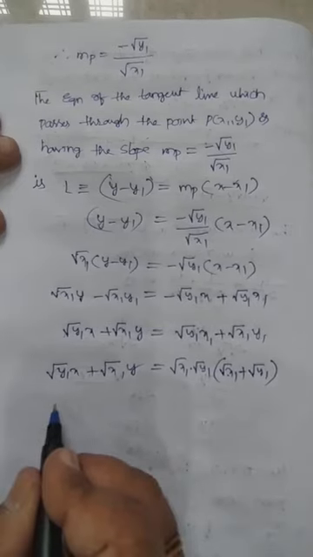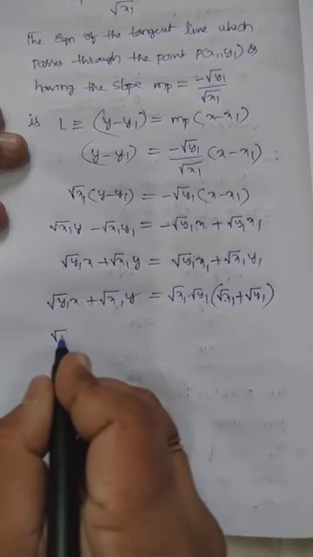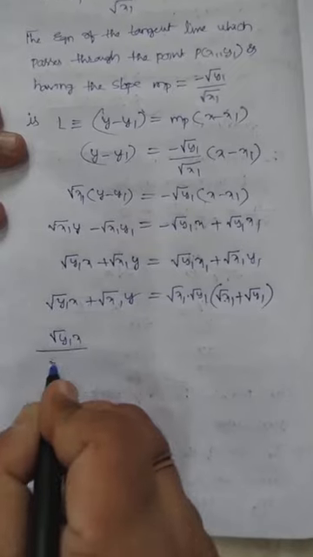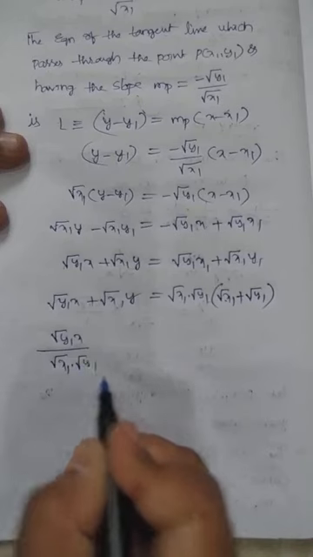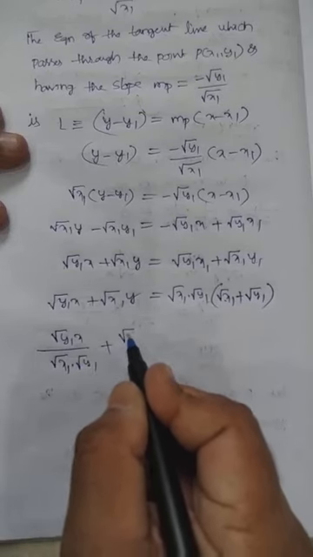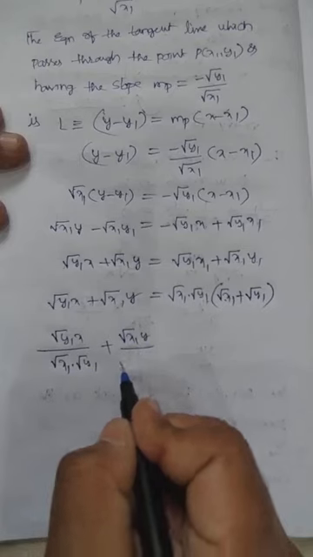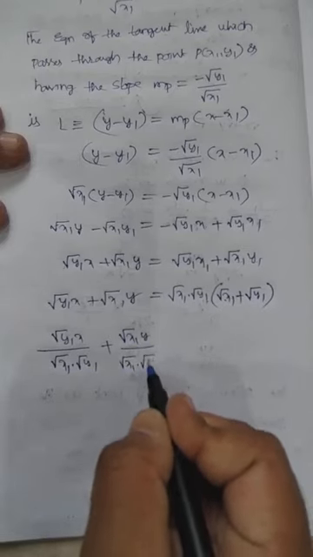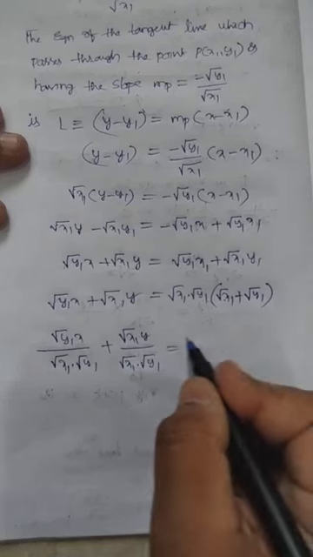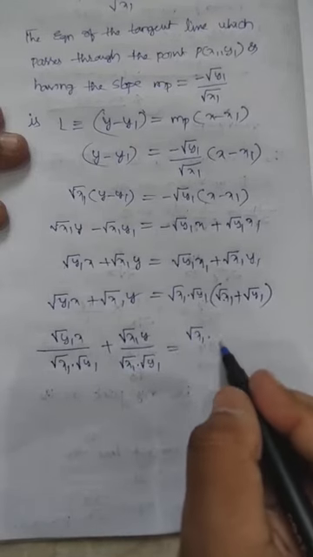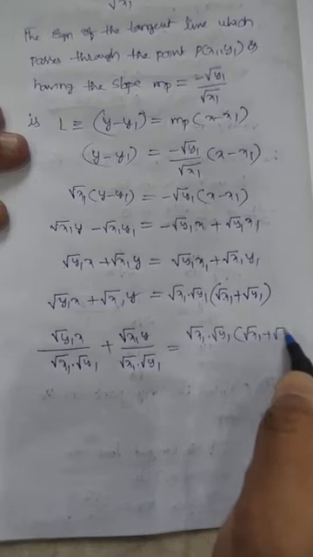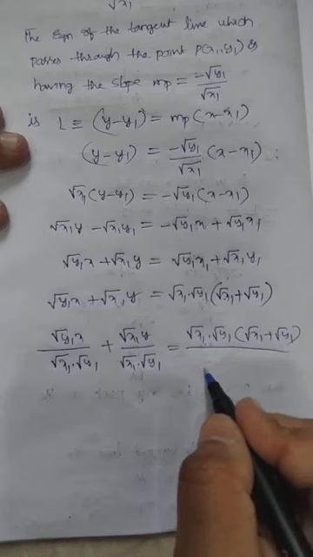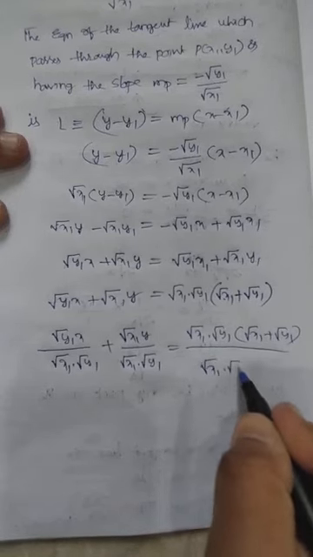So what I would get, just observe: under root of y1 x by under root of x1 into under root of y1, plus under root of x1 y by under root of x1 into under root of y1, is equal to under root of x1 into under root of y1 into under root of x1, plus under root of y1 by under root of x1 into under root of y1.